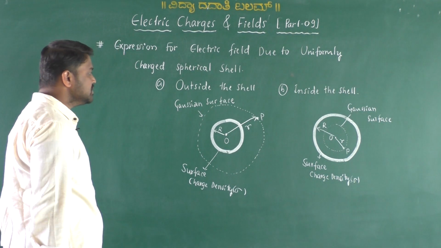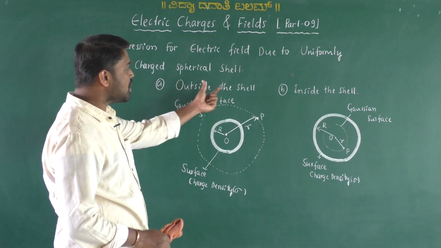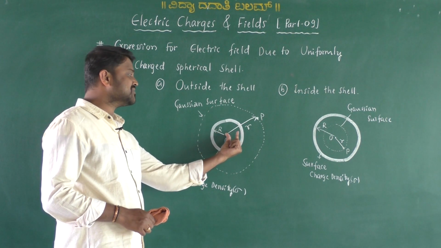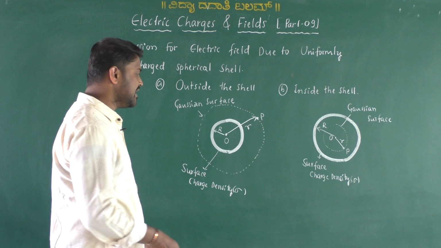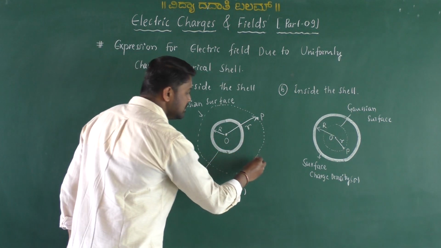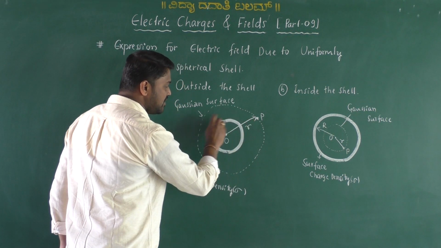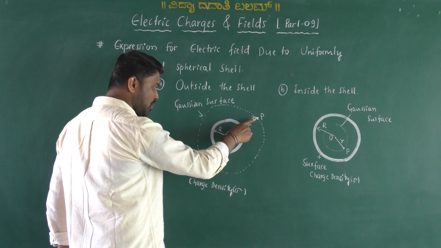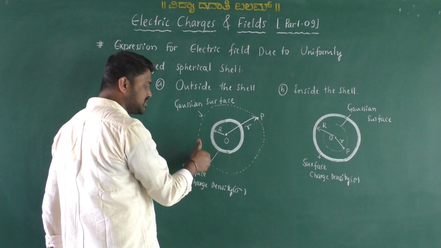So to calculate the electric field outside the shell, let us consider a point P which is outside the sphere. The electric field is at a distance of R, as shown in the figure.